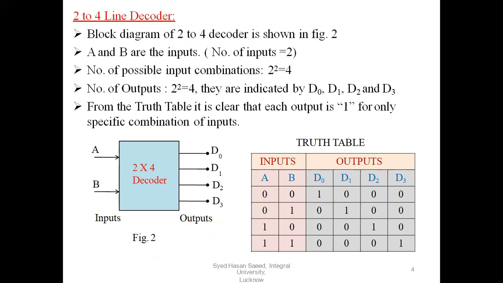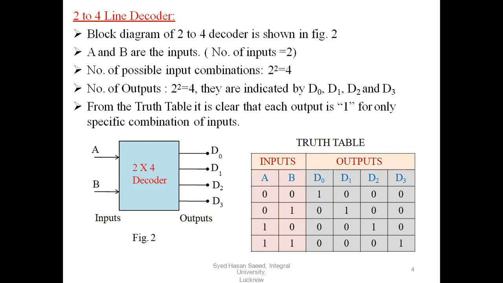Suppose you pass two inputs, how many outputs will it produce? 2 power 2, that is 4 outputs. So that is the definition of a decoder.